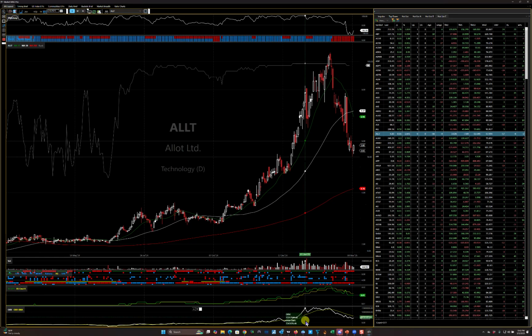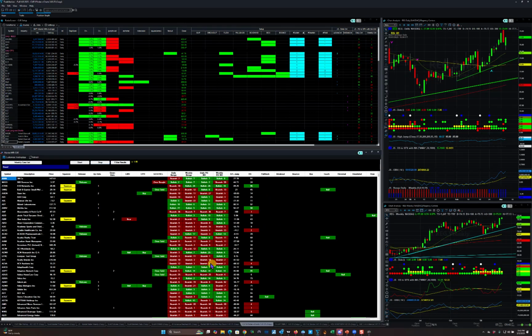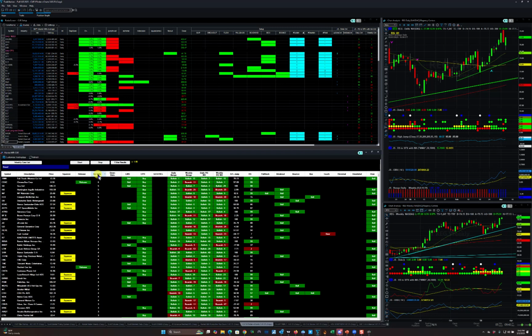And of course, if you're going to ask, and people always ask, do I still use the other tools? I do. And my favorite tool is Market MRI Pro, because this one combines my goodies with Sagar's goodies.